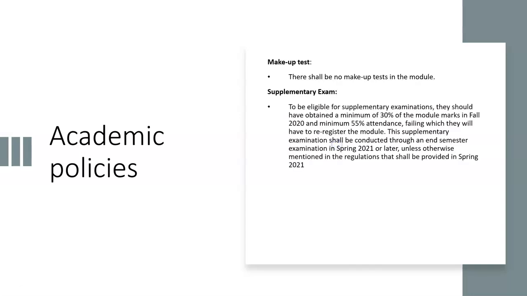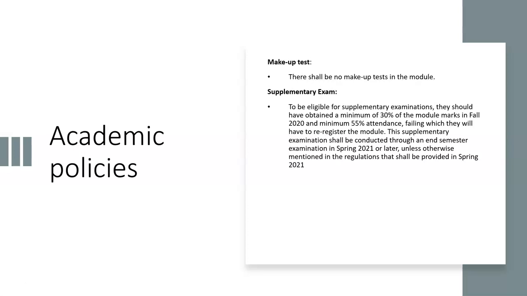And the next thing is about your supplementary exam. Is there a supplementary exam for the module? Yes. What is the eligibility criteria to take up the supplementary exam? You should have obtained 30% of the module marks. The module is being evaluated for 100, right? So your score should be 30 or 30 plus. That is the first eligibility.